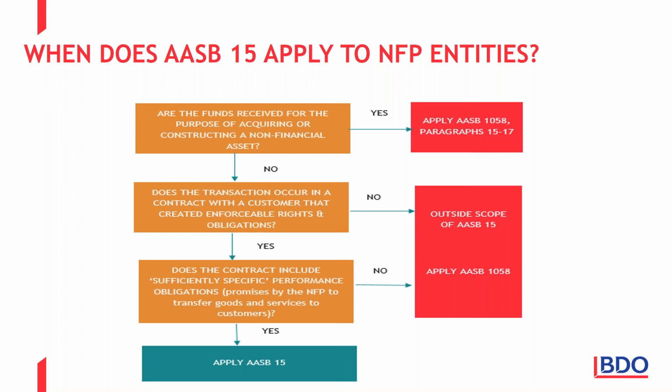The standard says sufficiently specific requires something like you have to provide 3 meals per day for 52 weeks of the year, and you have to do that for 3 years, for example.